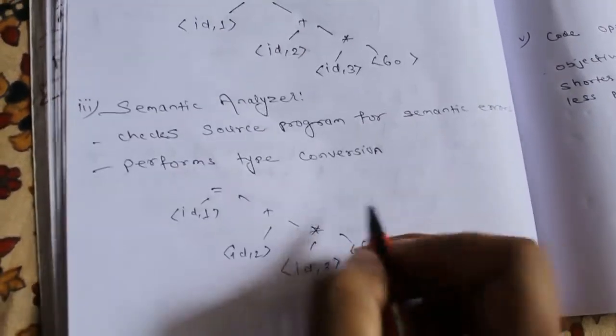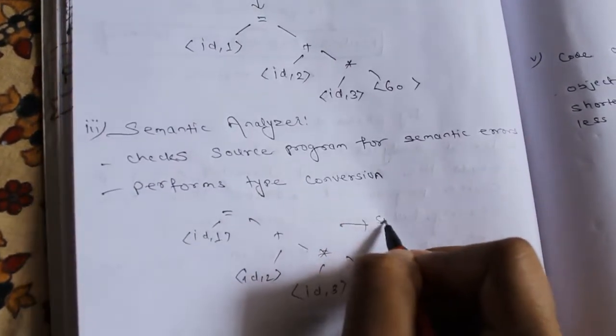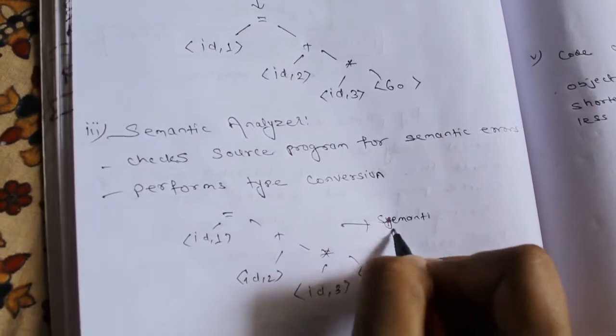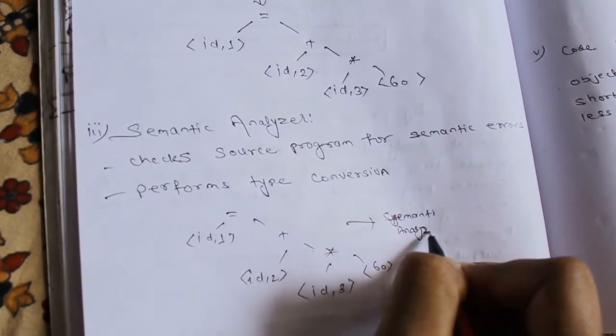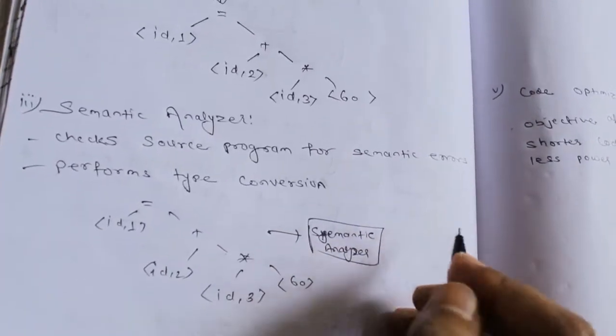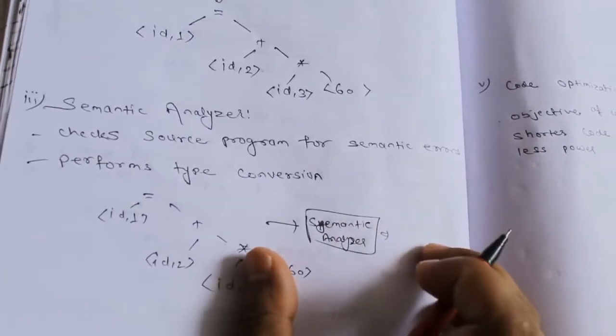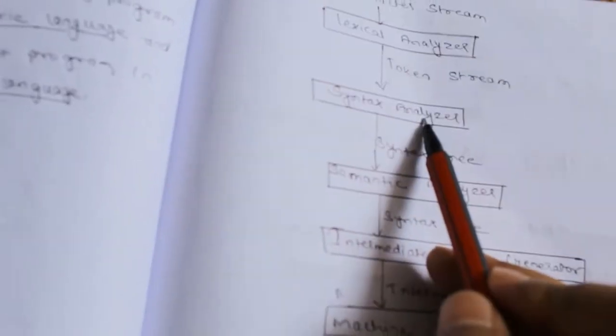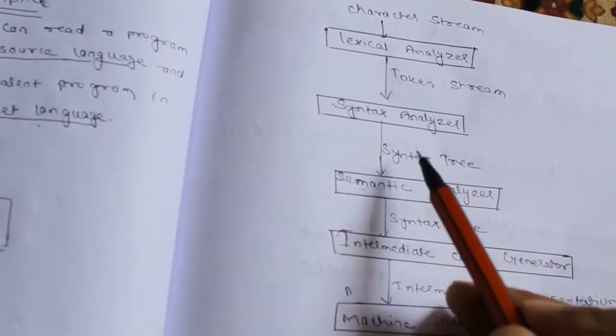Now this will pass to the semantic analyzer, and it will produce the same syntax tree, because as we have seen in the diagram, the output of the syntax analyzer and the semantic analyzer is the same, a syntax tree.